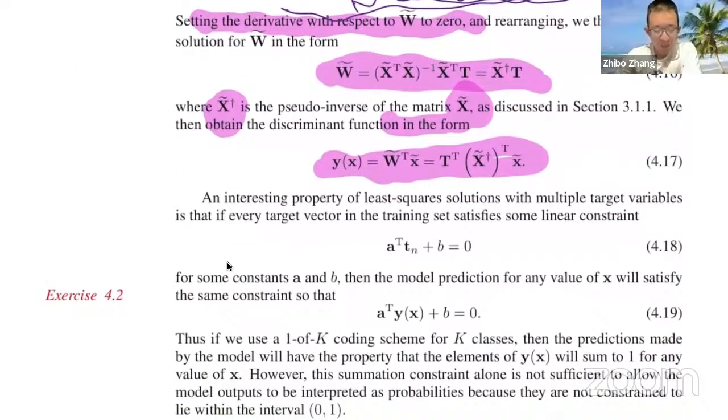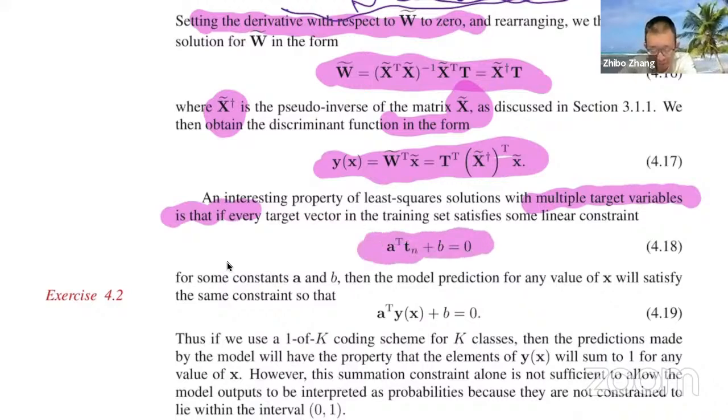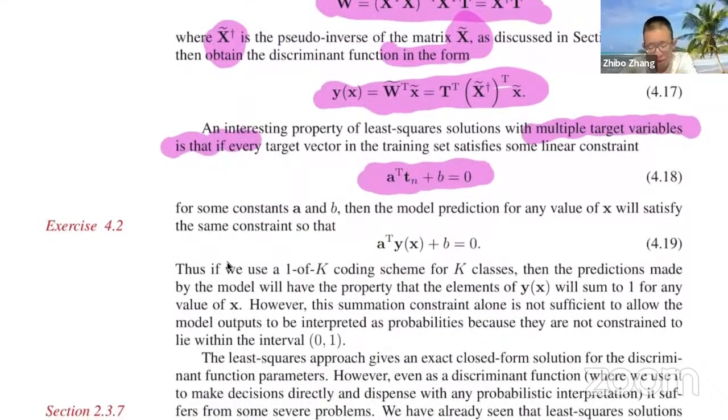So an interesting property of least squares solutions with multiple target variables is that if every target vector in the training set satisfies some linear constraint, for some constants a and b, then the model prediction for any value of x will satisfy the same constraint.